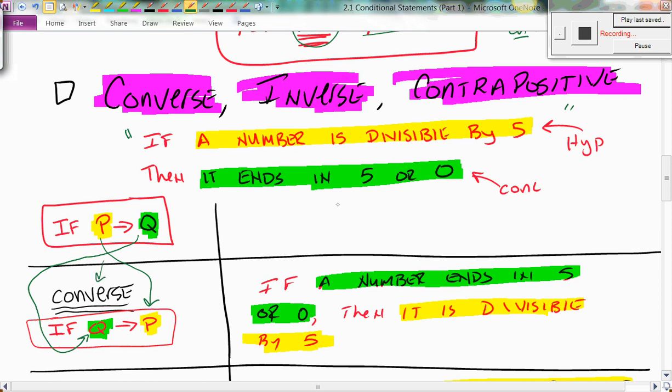So the converse of this statement would be if a number ends in 5 or 0, then it's divisible by 5. Notice I kept all the hypothesis in yellow and all the conclusions in green, but in this case they were switched around because it's the converse.